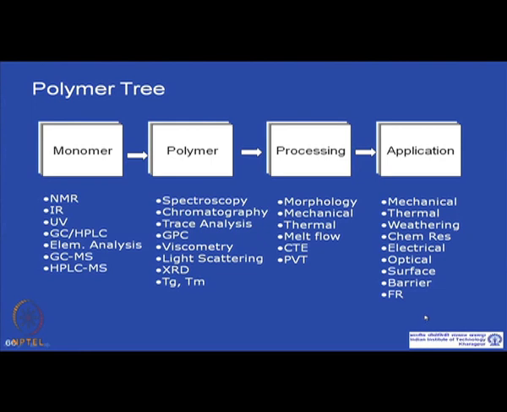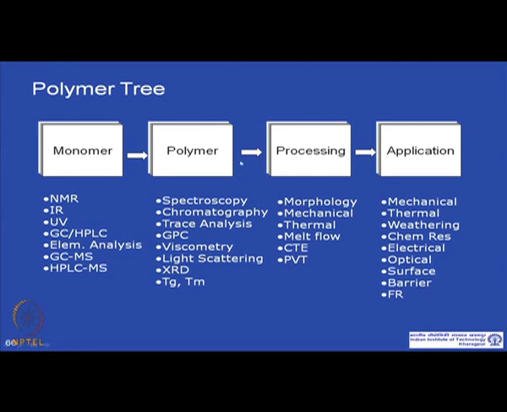So, as a polymer chemist, you must be very efficient in the first steps: monomer synthesis, monomer characterization, and then the polymerization process and characterization of the polymers for synthesis.